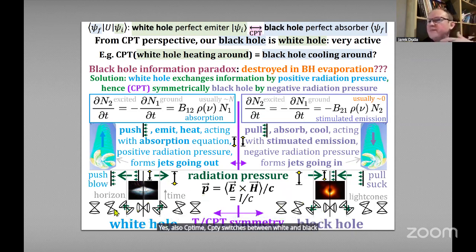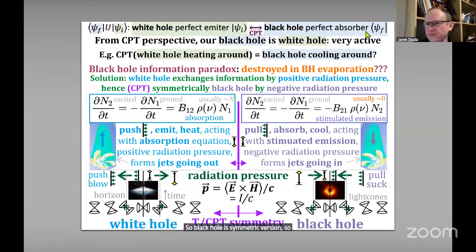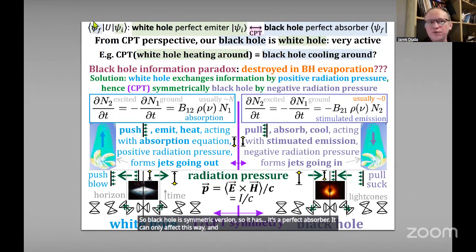So a white hole would be a perfect emitter, could only emit. So we have only positive radiation pressure, which would only influence this part, the initial state. A black hole is the symmetric version, so it's a perfect absorber. It can only affect this way, a linear effect. So if you change this part, the amplitude, the probability of exchange of photon would increase.